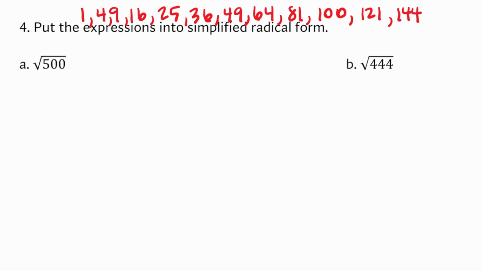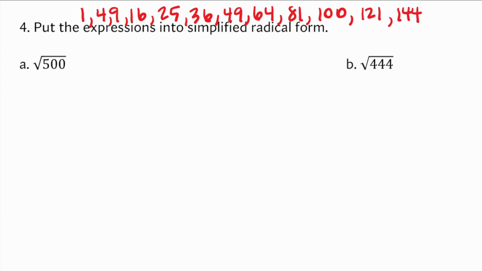But there are certain other squares that we should know, like 20 to the 2 is going to be 400, 30 to the 2 is going to be 900. I'm trying to think what else. One that I found useful is 100 to the 2 is 10,000. But that's a different discussion.